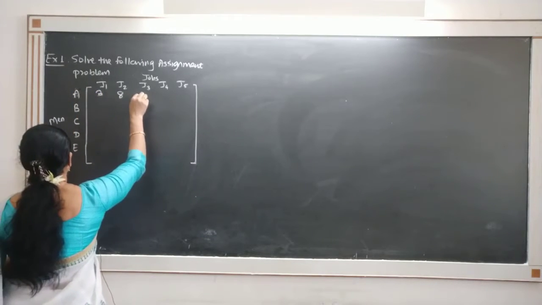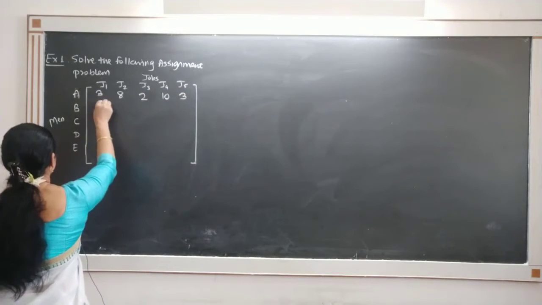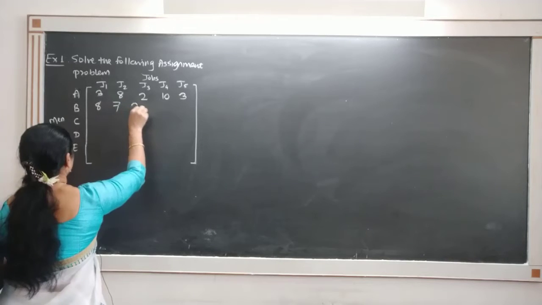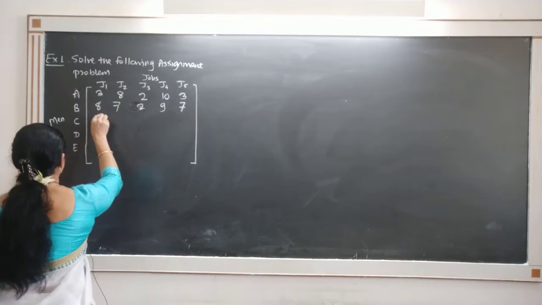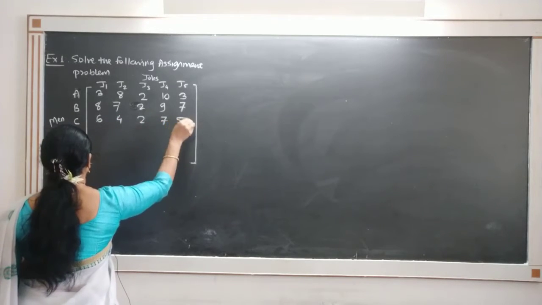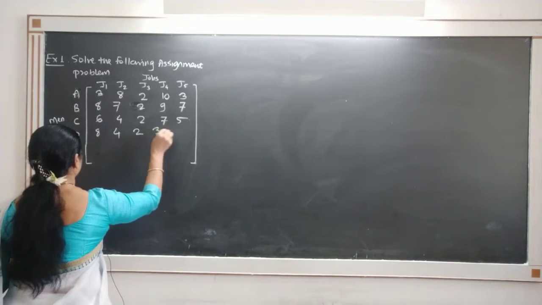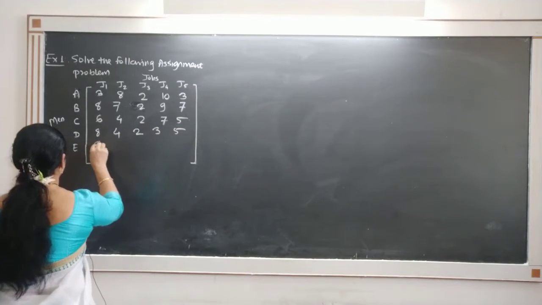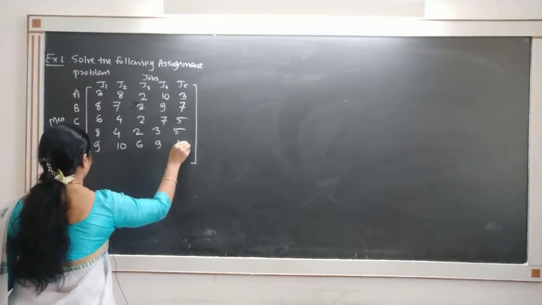The cost matrix is: 3, 8, 2, 10, 3, 8, 7, 2, 9, 7, 6, 4, 2, 7, 5, 8, 4, 2, 3, 5 and 9, 10, 6, 9, 10.